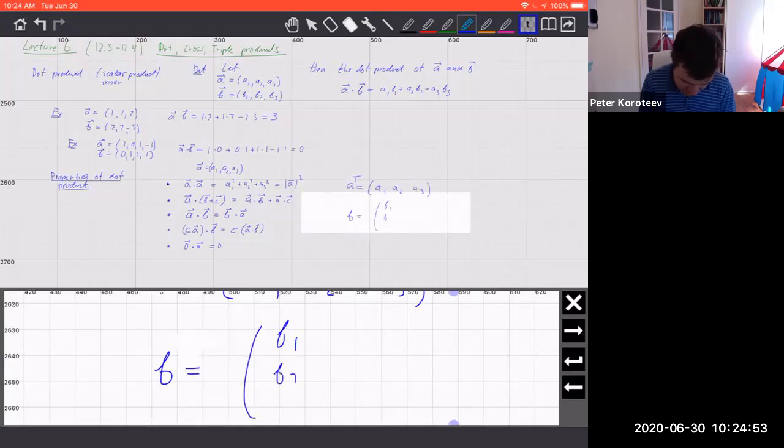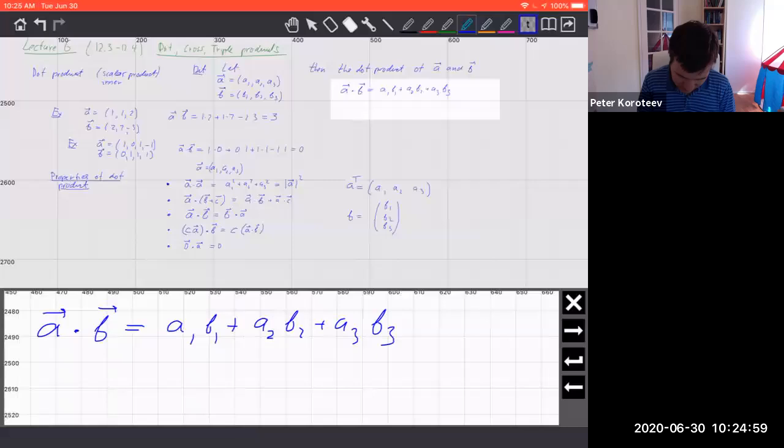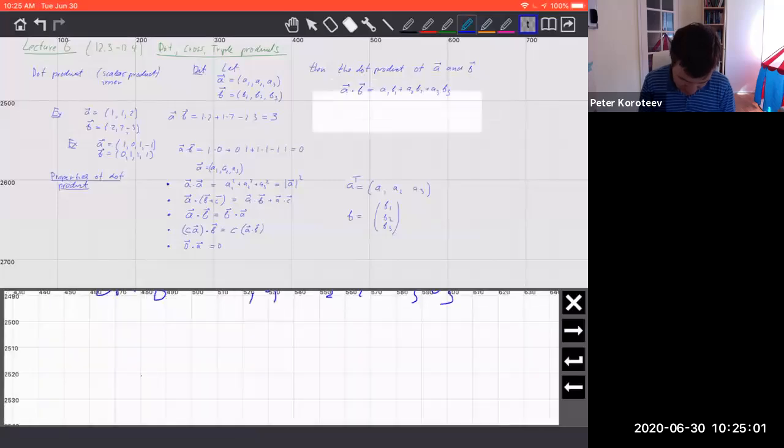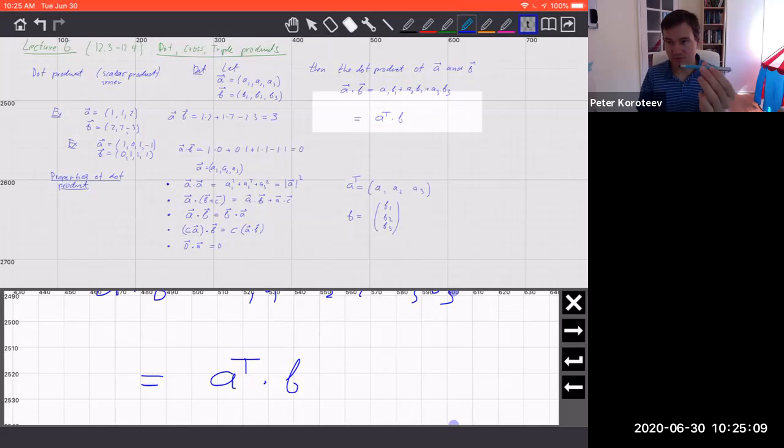B1, B2, B3. Then you can show that this thing on top is equal to the product of matrices, A transposed times B. If you multiply a row by a column, that is, a 1 by 3 matrix by a 3 by 1 matrix, you get a 1 by 1 matrix, which is a number.